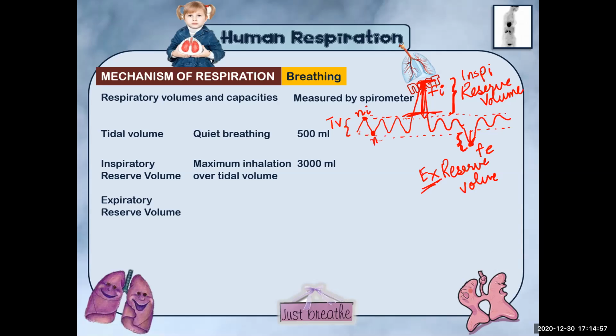Then we have expiratory reserve volume, maximum exhalation over tidal volume. So maximum exhalation over tidal volume is expiratory reserve volume. Expiratory reserve volume is almost 1/3 of inspiratory reserve volume. So when you breathe in, you can breathe in more. Now when you breathe out, only a little bit breathes out, right? You can't breathe out much, because that reserve volume is just not that much.